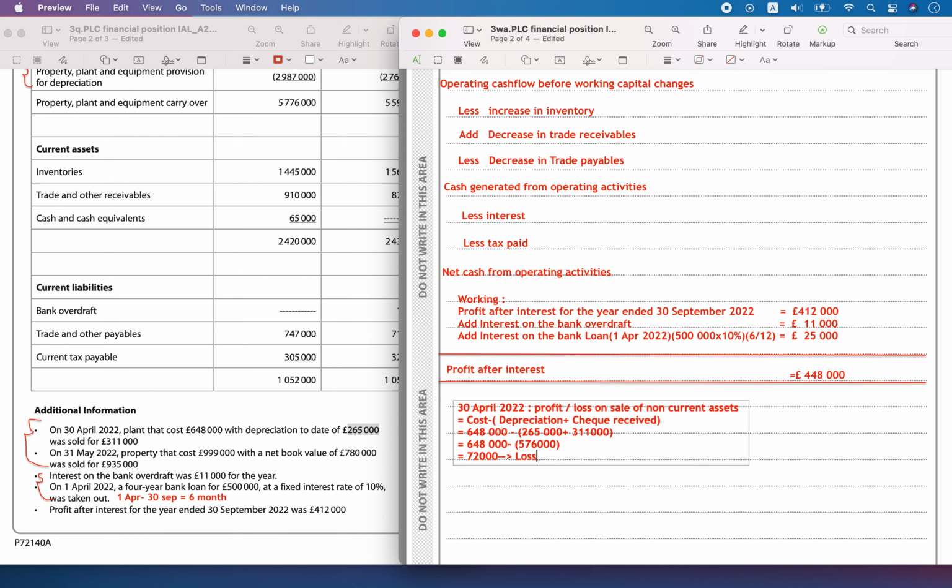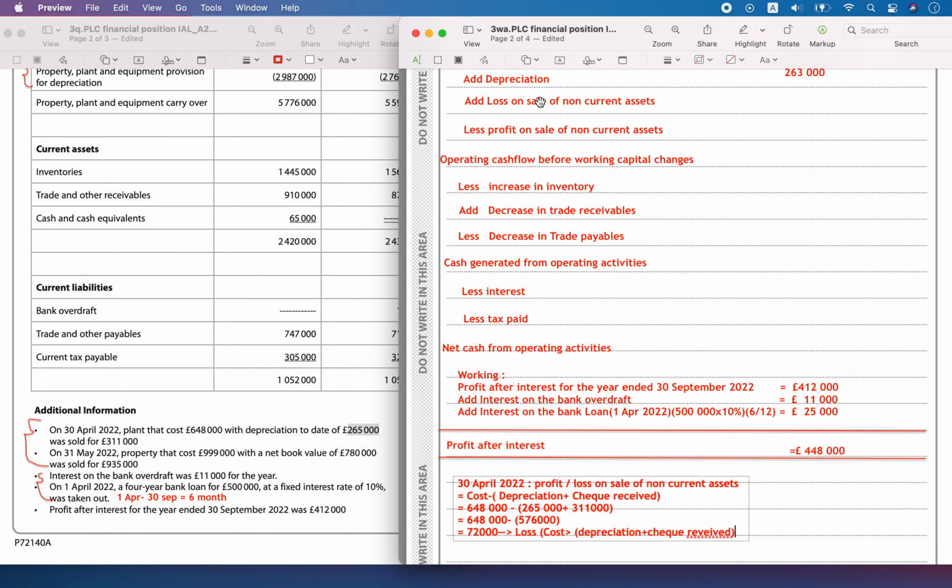This is a loss, since this has turned into a loss. Why? Cost is still greater than depreciation plus the cash received, or the value of money you received.